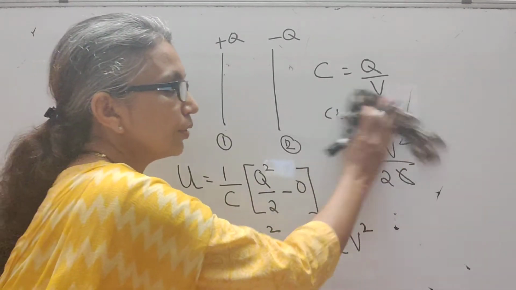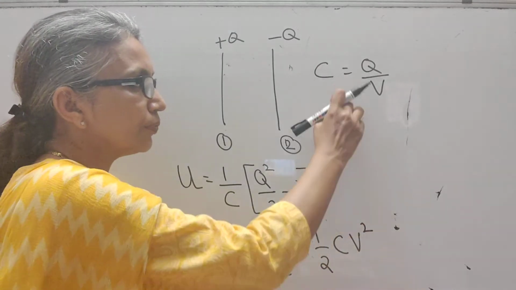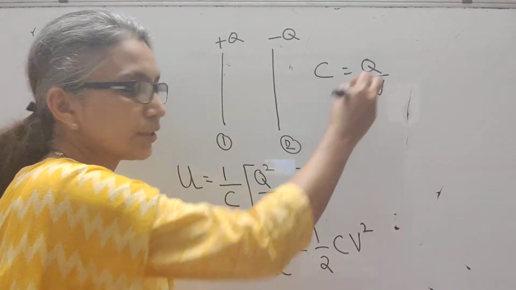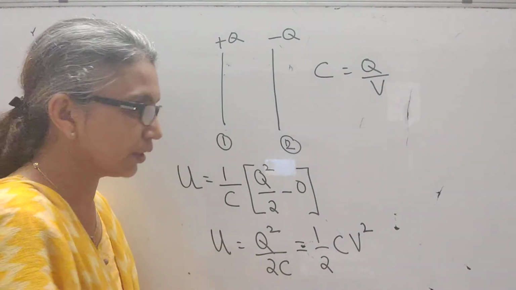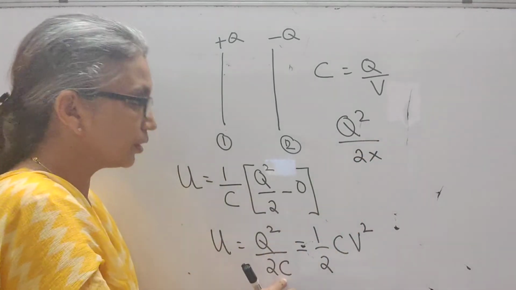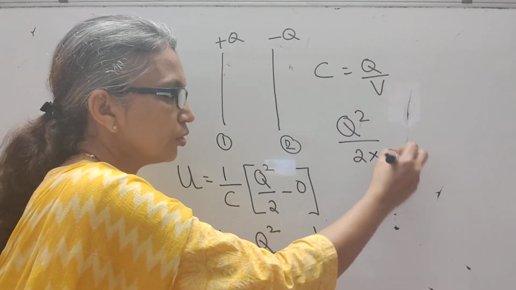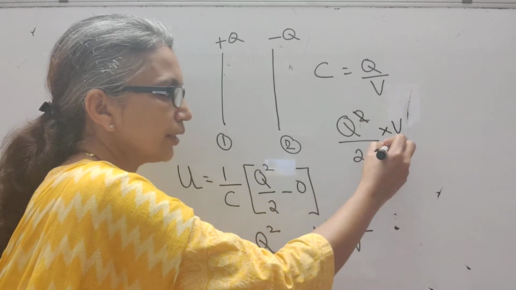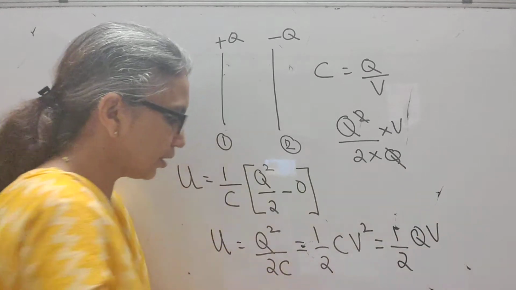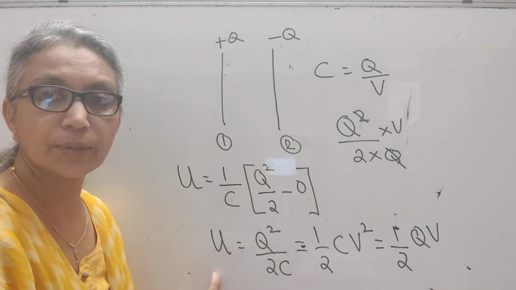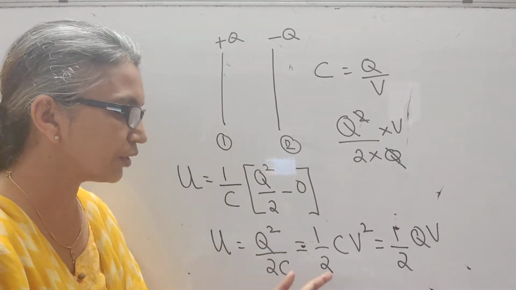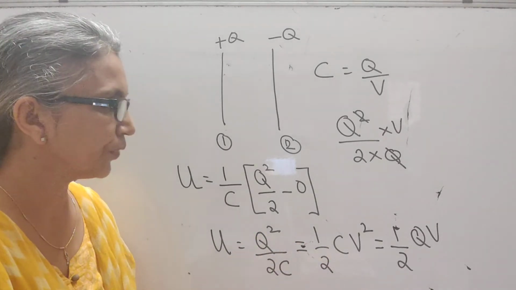Or you can substitute for C, which is Q by V. Then the equation becomes Q square by 2 into Q by V, the Q cancels, so it is equivalent to half into QV. So these are the different equations for the potential energy of a capacitor: Q square by 2C, half CV square, or half QV.